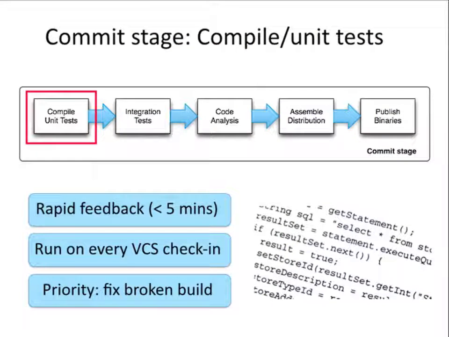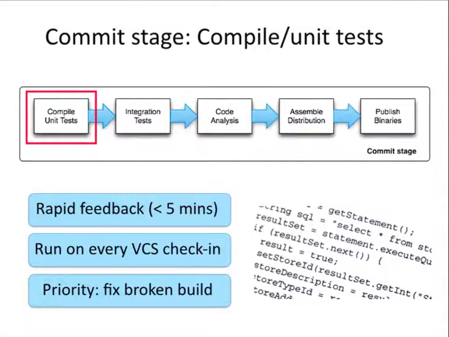The priority for you as a team is that if at any point in time in your build pipeline, your build is broken, you want to make sure that you fix it. So one of the challenges of continuous delivery is not so much the tooling choice, it's more the change in culture. If you are not used as a team to fix broken builds, if you leave them hanging for a week, you already have a big issue. And this issue you need to fix right away.